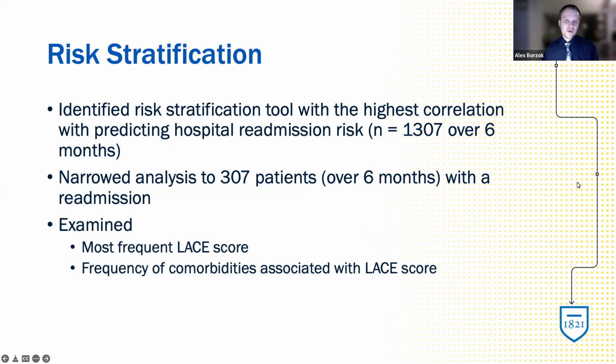So let's take a look. What we did is we reviewed, and when I say we, that means I reviewed 1,307 charts that were ED follow-up visits, hospital discharge visits, and also new patient visits over a 6-month period of time.